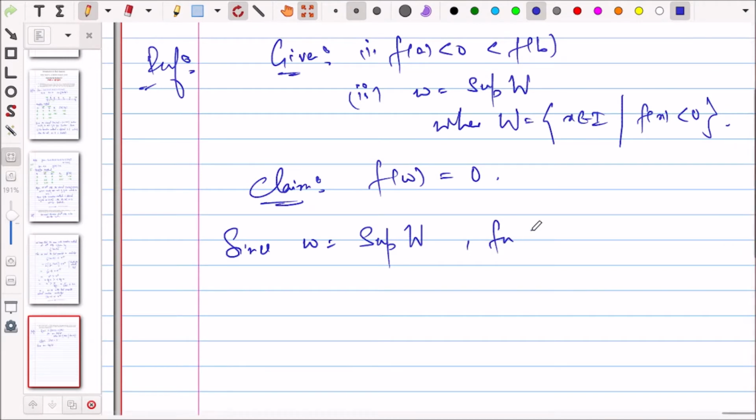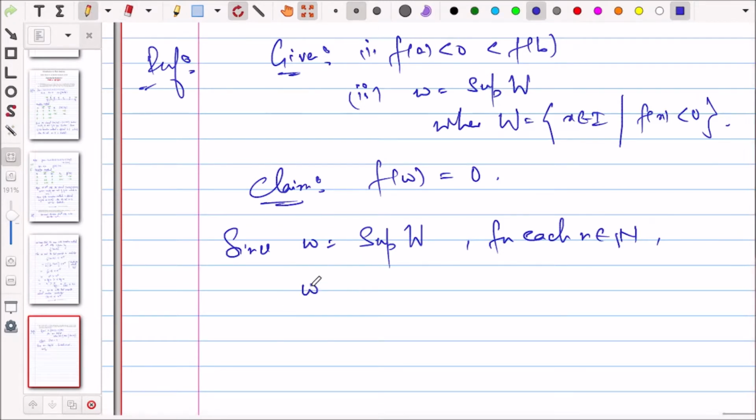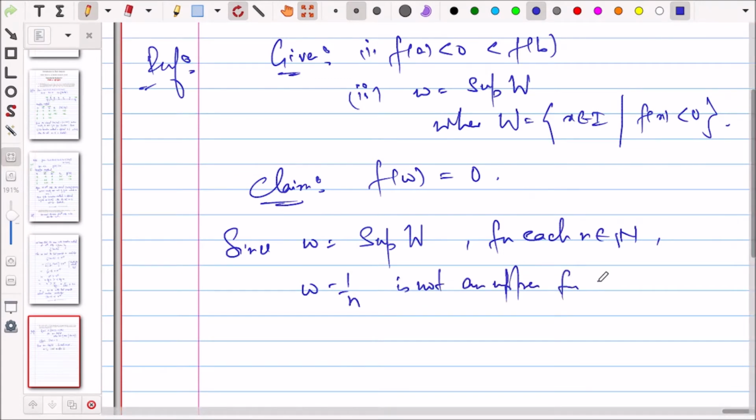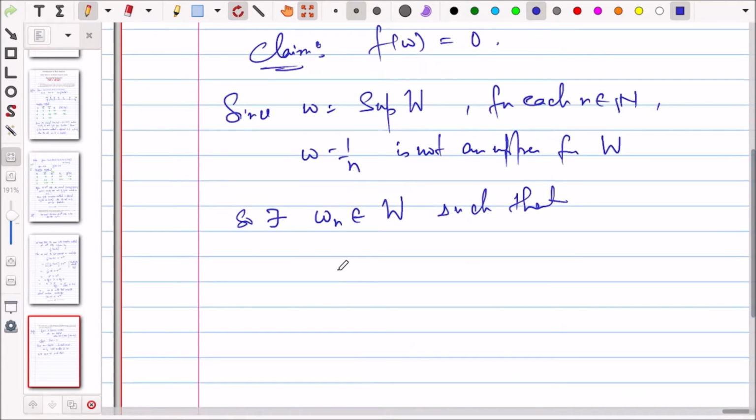So for each n belonging to N, w minus 1 by n is not an upper bound for W. So there exists wn belonging to W such that w minus 1 by n is strictly less than wn, which is less than or equal to w, because w is the supremum and w minus 1 by n is smaller than w.